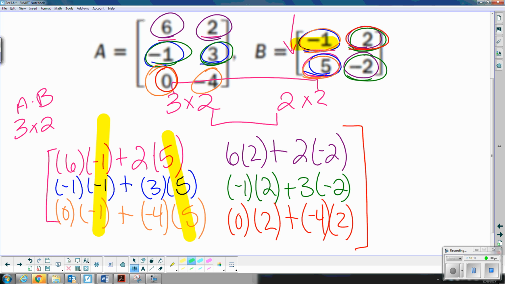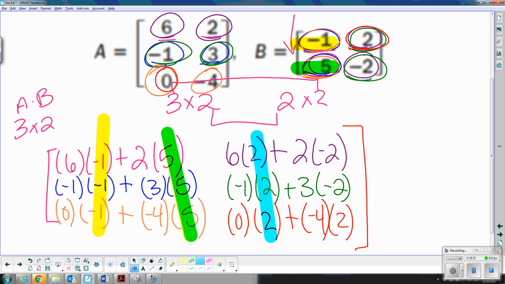Oops, let's do this in green. So here, 5 corresponds to this 5, and then 2, 3, and -4 correspond to the rows in the second column of A.